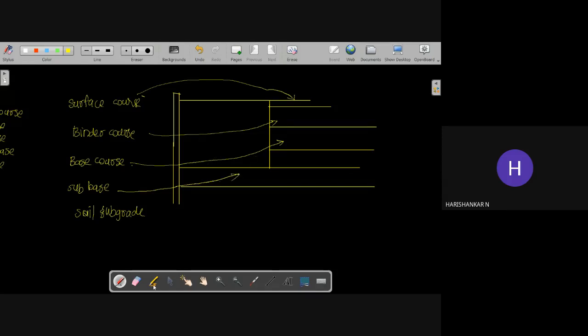So you need not provide the individual layer like this. Okay, you can have the base course here.